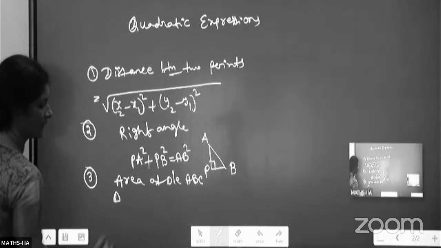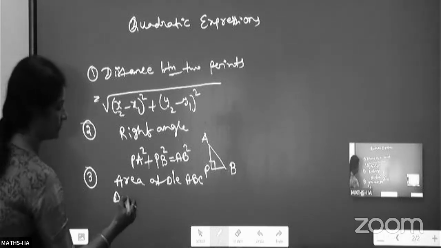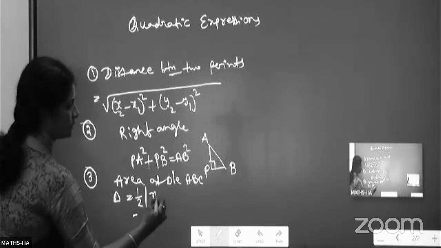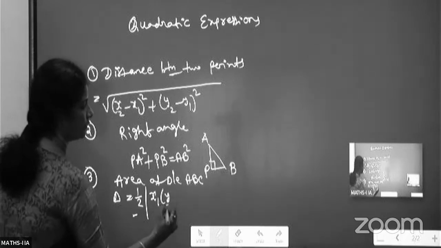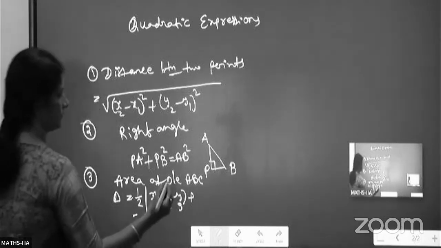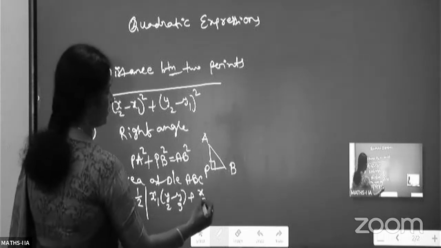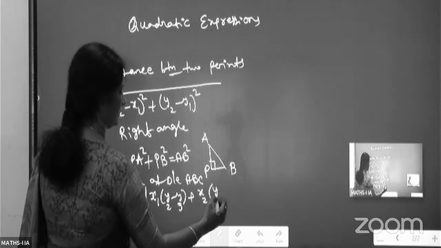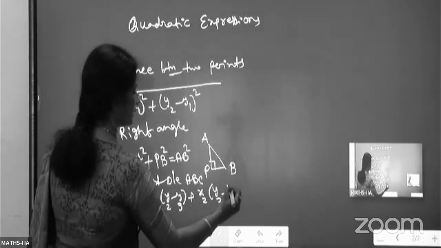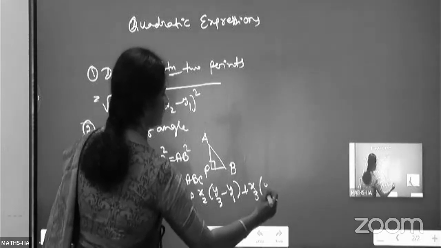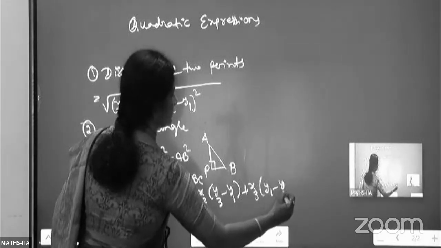Area is denoted by delta, or you can write A is equal to half mod of x1 into (y2 minus y3) plus x2 into (y3 minus y1) plus x3 into (y1 minus y2).